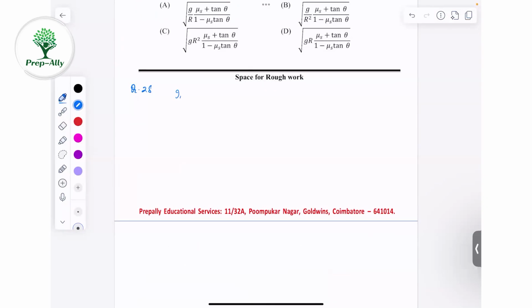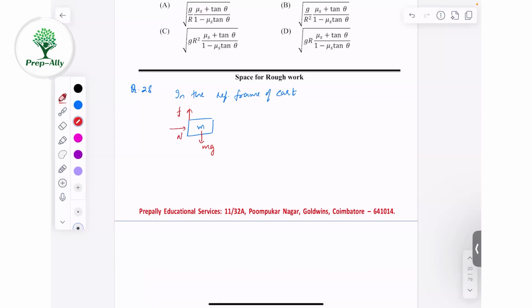So in the reference frame of the cart, the FBD of the mass is going to look something like this. We are going to have its own weight acting vertically downward. This surface is rough, so we have a friction acting upward. And because it is in contact, there is a normal reaction here.